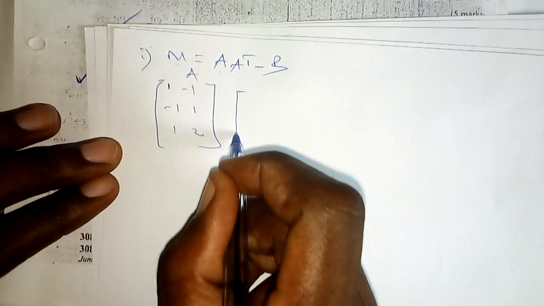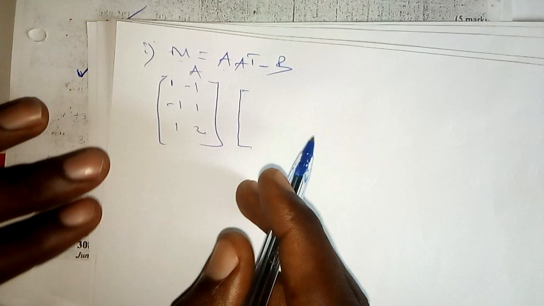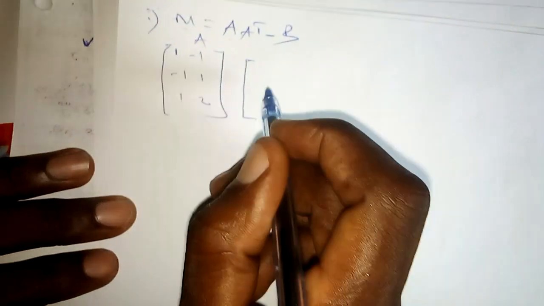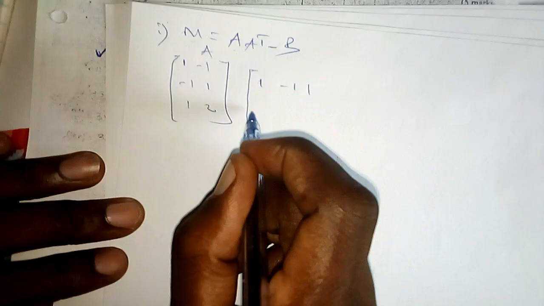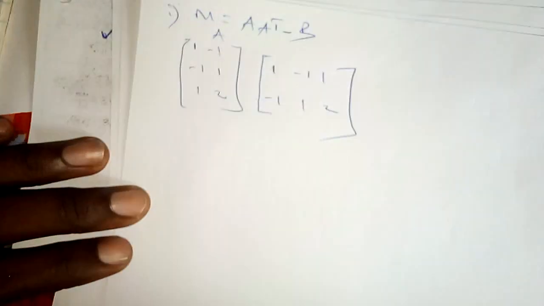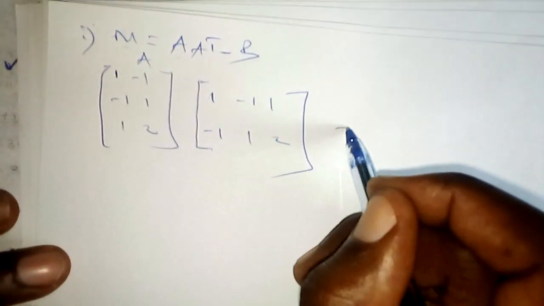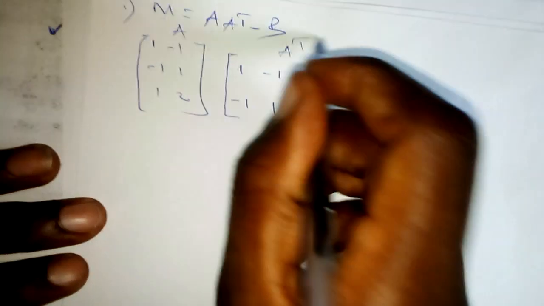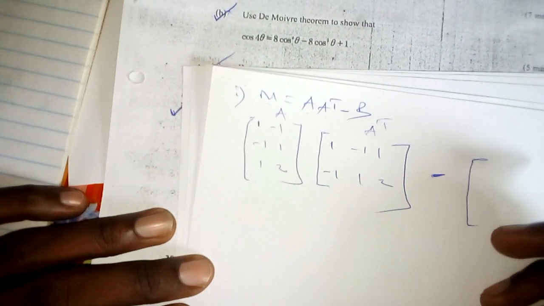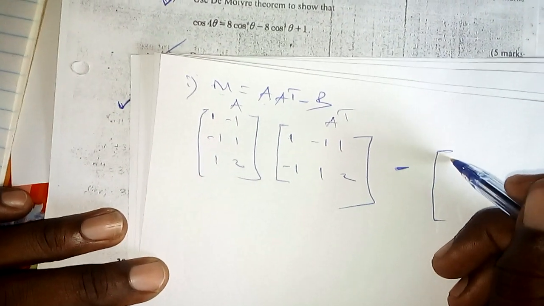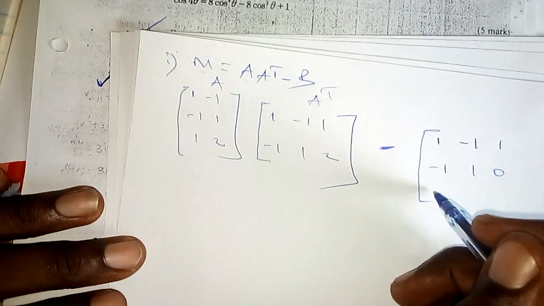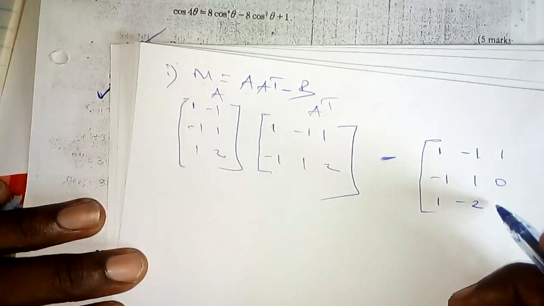We said for the transpose of a matrix, you change column to be row and row to be column. So it will be 1, -1, 1, -1, 1, 2. This is A transpose now, minus B. B here was 1, -1, 1, -1, 1, 0, 1, -2, 1.